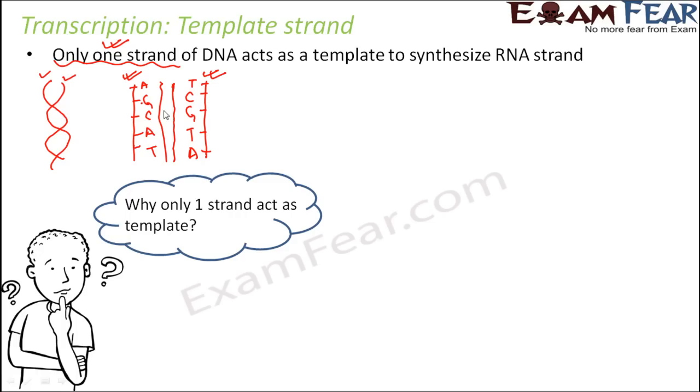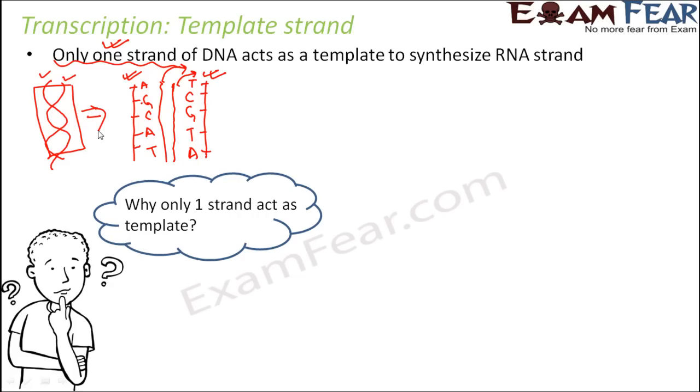The second reason is that if two strands of RNA are being created, those two strands will have different sequences, and those two strands will in turn code for two different proteins. So two different proteins will be formed from the same segment of DNA, because the same segment is coding for two different RNAs, and two different RNAs will code for two different proteins. That will create confusion.